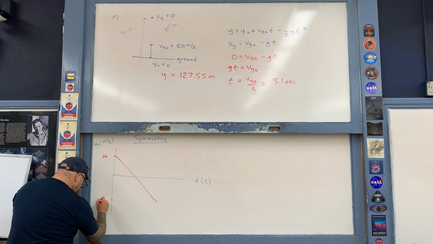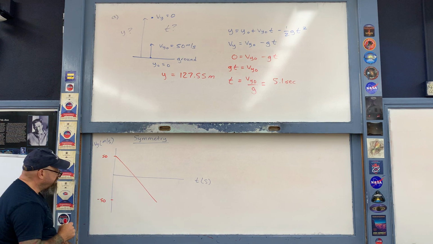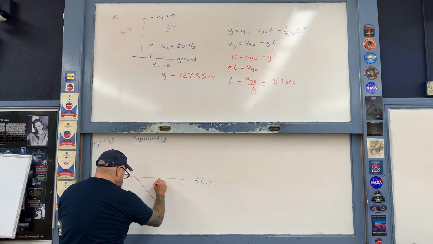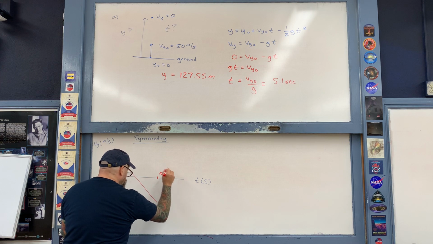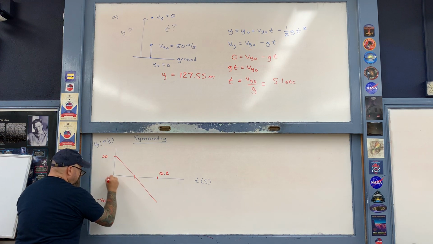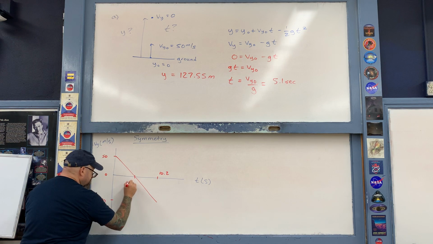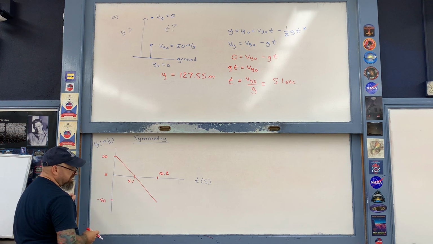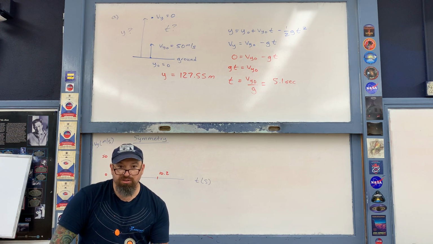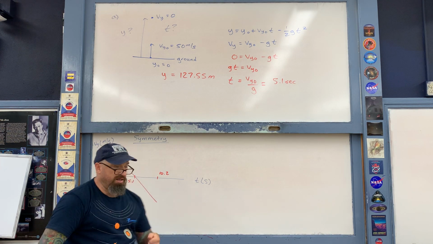Right down here, at the end of the problem, is the velocity of negative 50 meters per second when the object returns to its original height. This right here would be the total time of 10.2 seconds. We reach the maximum height here with a velocity of 0 at this instant at 5.1 seconds. And then, in part C of the problem, we had our other two times and our other two values of velocity.